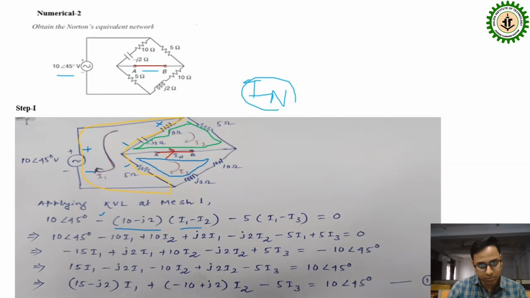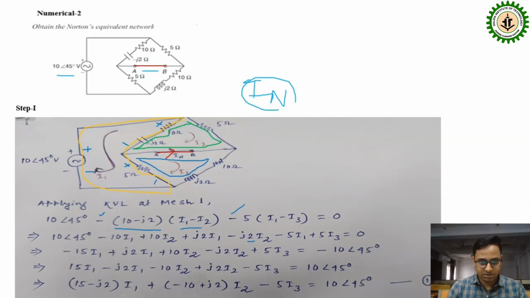But for this loop, I am doing mesh 1, that's why it is a drop in potential, and this minus sign is considered here. Then we need to solve this equation. 10 at an angle 45 degrees minus 10 I1 plus 10 I2 plus J2 I1, then minus J2 I2, then minus 5 I1 plus 5 I3 is equal to 0.